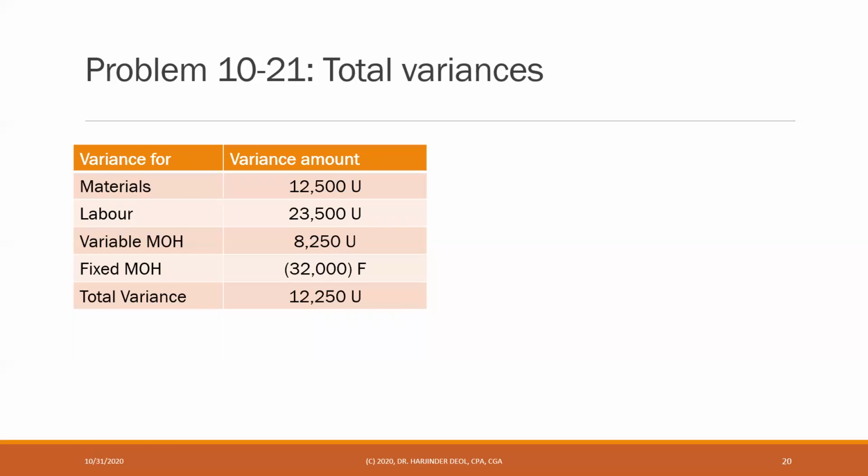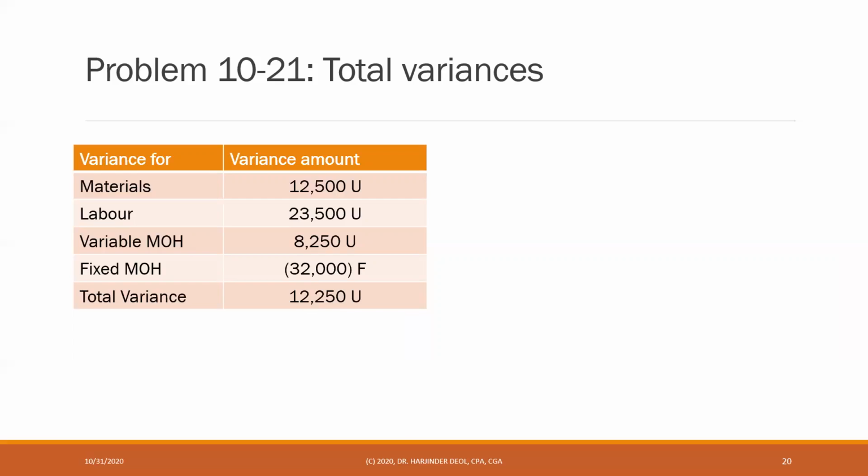And fixed manufacturing overhead were $32,000 favorable. When you add up all of these variances, the total variance for the company does indeed work out to $12,250. It's unfavorable, but mind you, the $12,250, according to the problem, was within the 3% control limit.